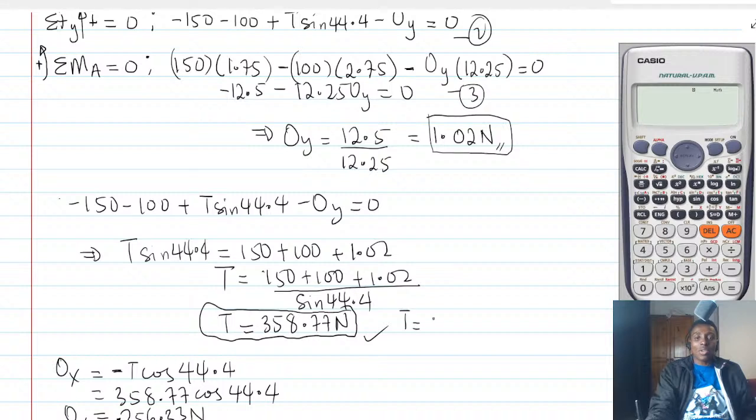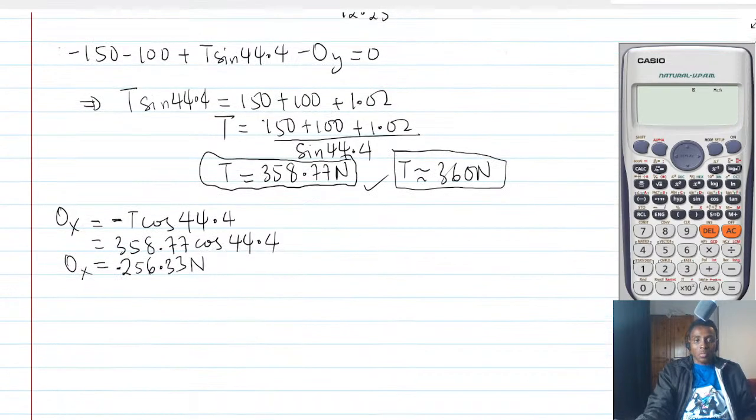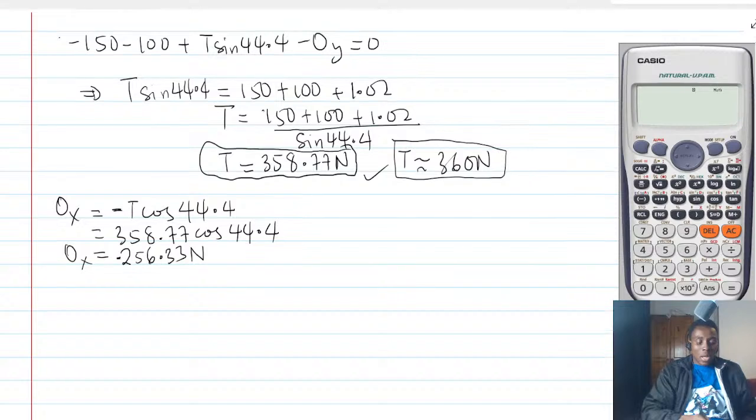So to the nearest whole number it is 359, or let's say approximately 360 newtons, depending on what the question asks you to do. So now we have the tension force, and this question has been solved.